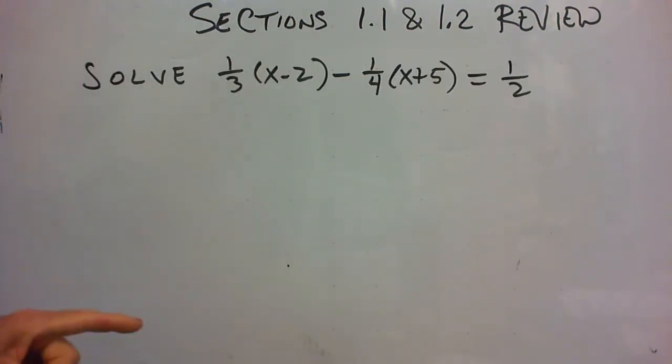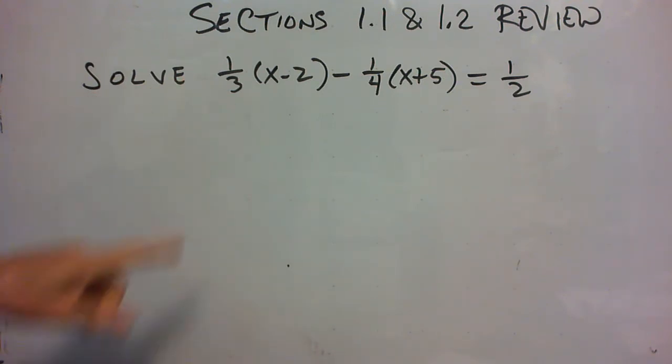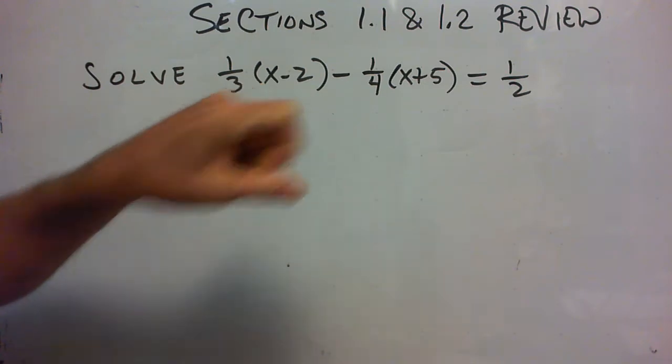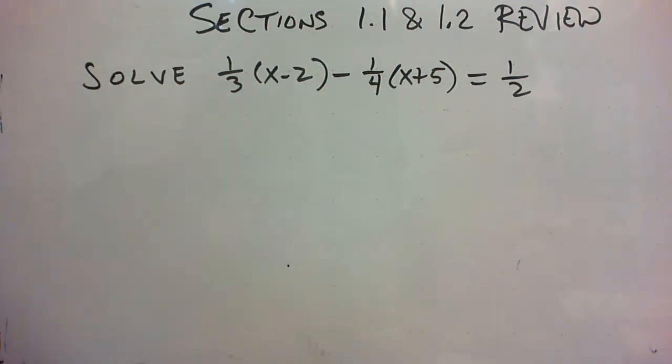The next problem I want to look at is this equation with the fractions. 1/3 times the quantity x minus 2 minus 1/4 times the quantity x plus 5 equals a half. And we could work with this equation with all these fractions, but it ends up being a lot of work finding common denominators.